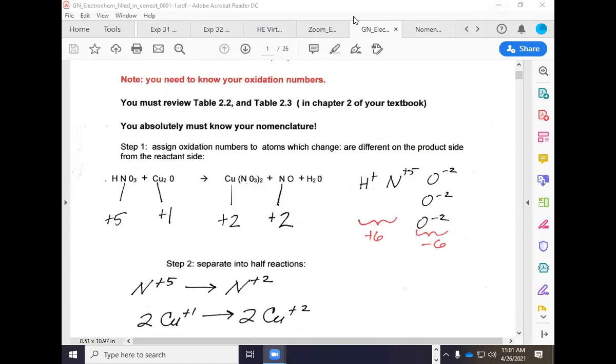Professor, how come you put 2 Cu +2? Okay, because how many copper +1s do we have? That's what we're asking ourselves.